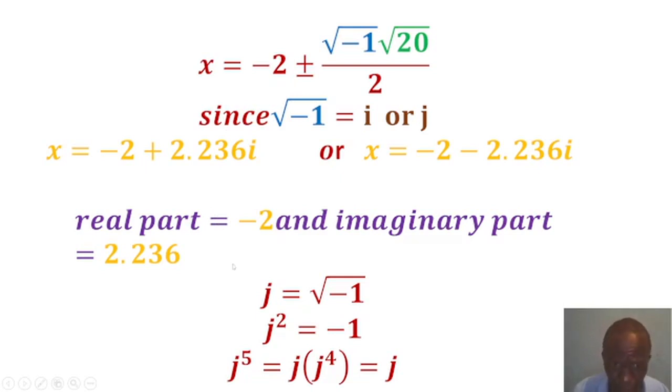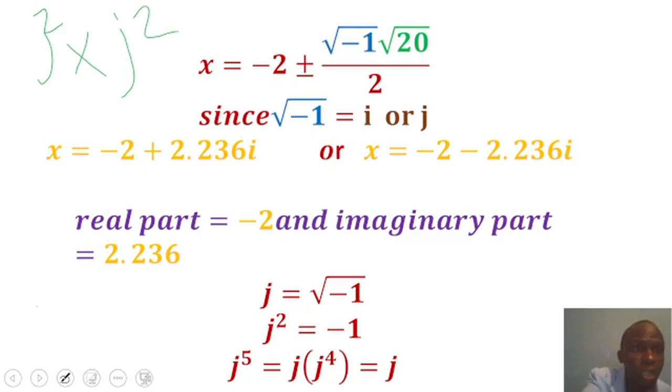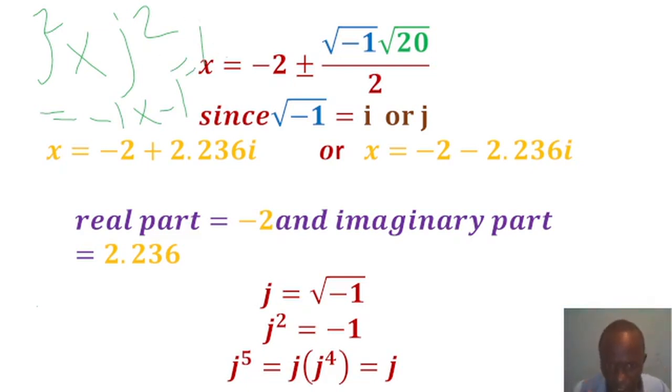J raised to power 4 is the same as J squared times J squared, which is -1 times -1, which is equal to 1, and 1 times J is J. So you can see the relationships between the powers of J and -1.